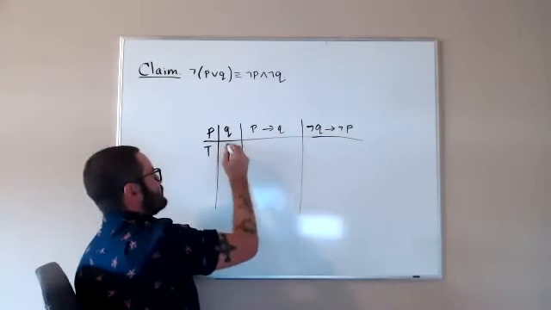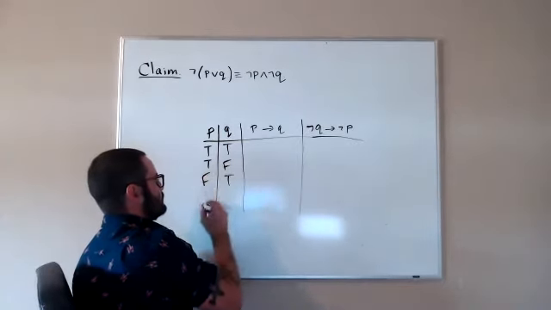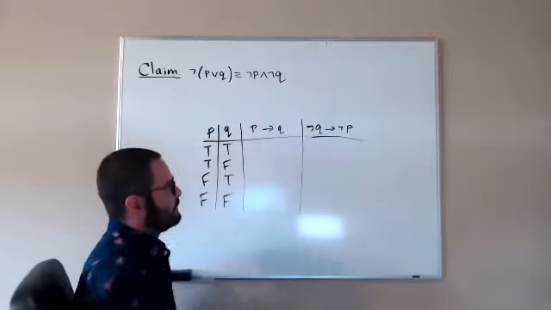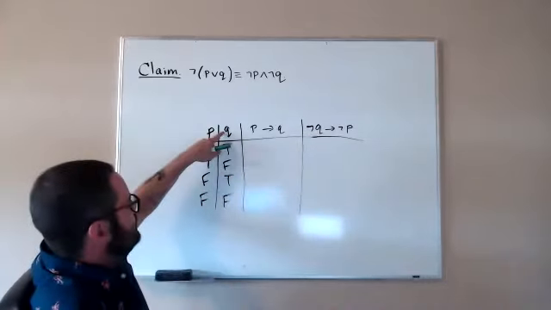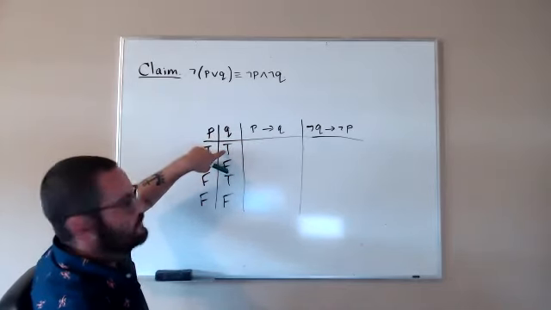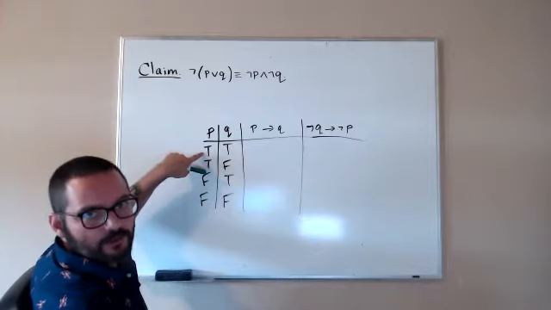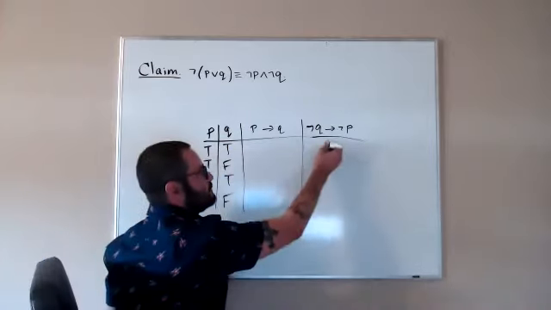Okay, so true, true, true, false, false, true, false, false. Okay, so not Q implies not P. So look to the Q here, negate that. What do you get? False, right? Yes, sir. And then you negate that, you get false. So false implies false, which is true.